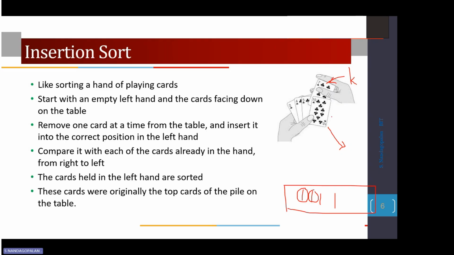So let's say right to left. Starting from here, 10, it's less, so he will make room for this to insert. That's exactly what we are going to follow in this insertion sort mechanism.